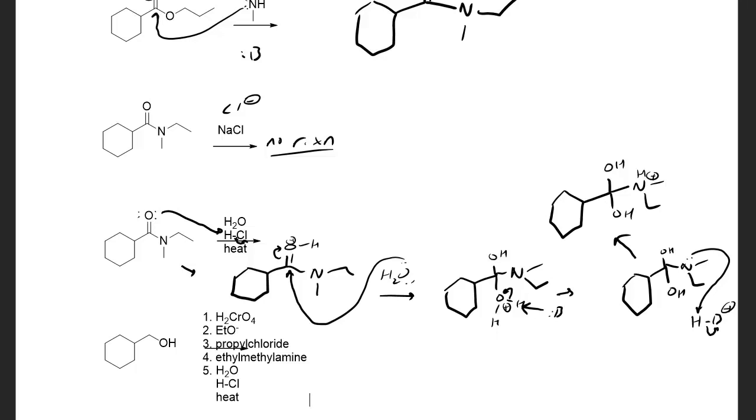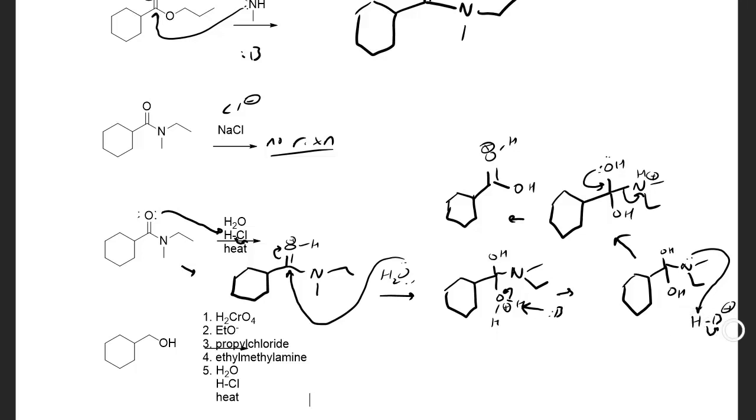In the next step, still not the last step, now my electrons can come back down. I can reform my carbonyl carbon and kick off my good leaving group. This isn't a great reaction, but heat is going to help us reach the energy level necessary to get to this point, to get us to our almost product. So we've got our cyclohexane ring, and now we have our double bonded oxygen, and that's protonated, and that is attached now only to our OH group.